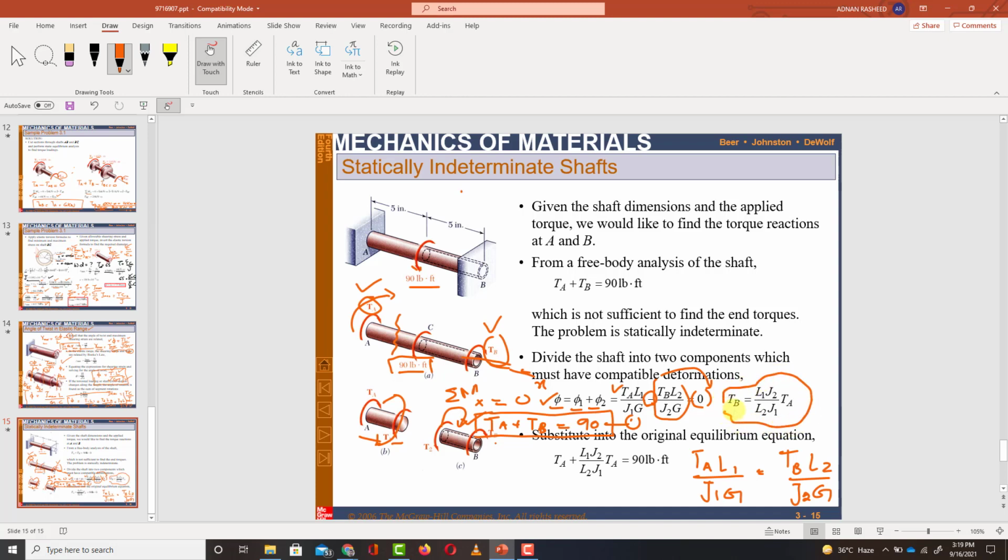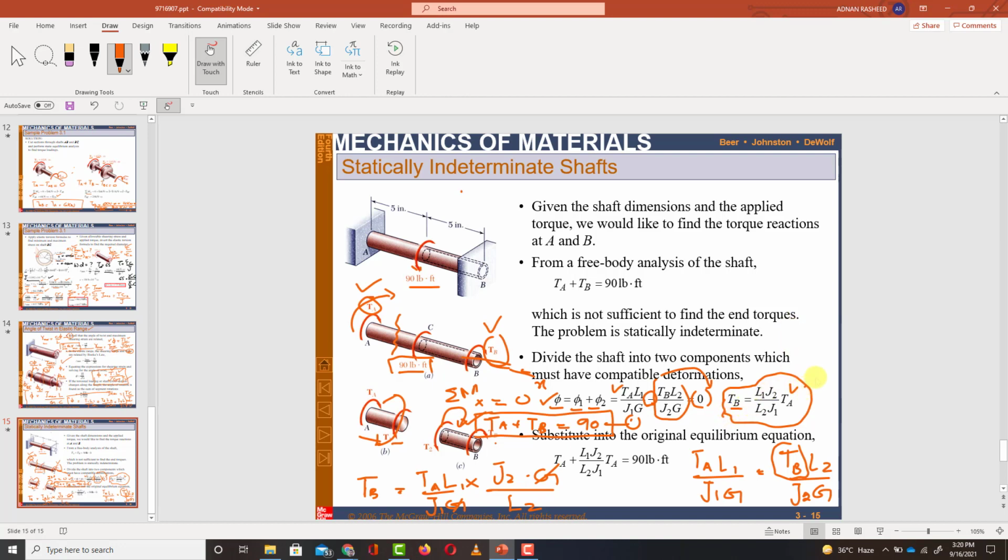Here it is converted into TB. So TB is equal to TA L1 over J1 G, since the material is the same, multiplied by J2 into G over L2. So this is TA L1 J2 over L2 J1. So G and G will be cancelled. So now this is TB.